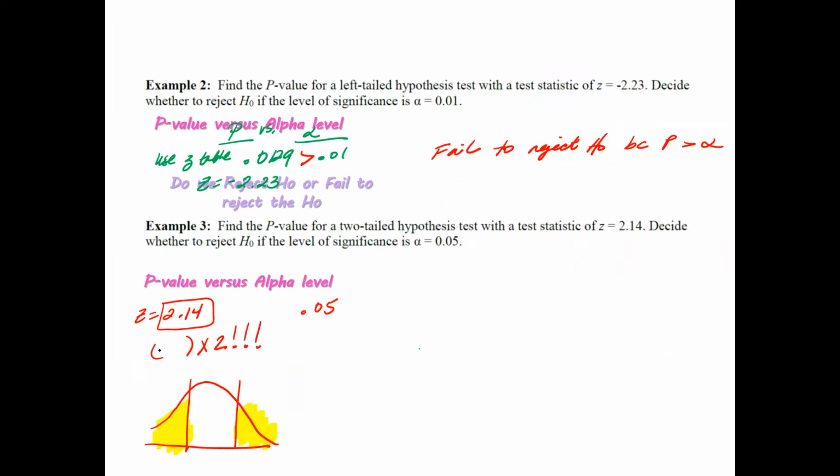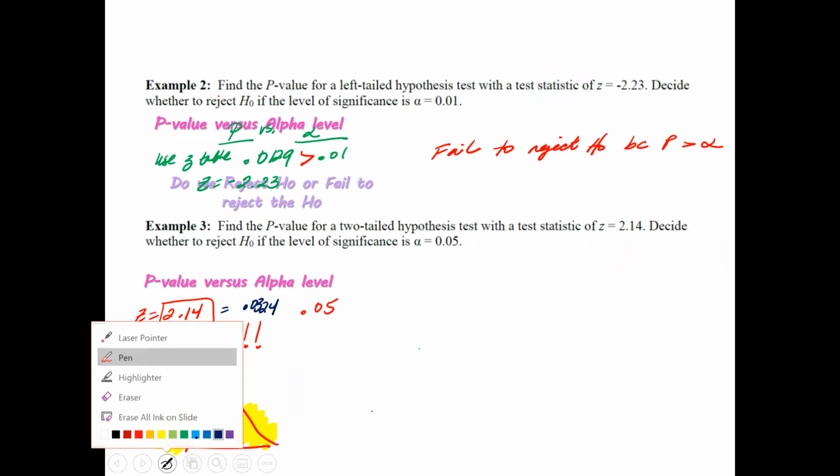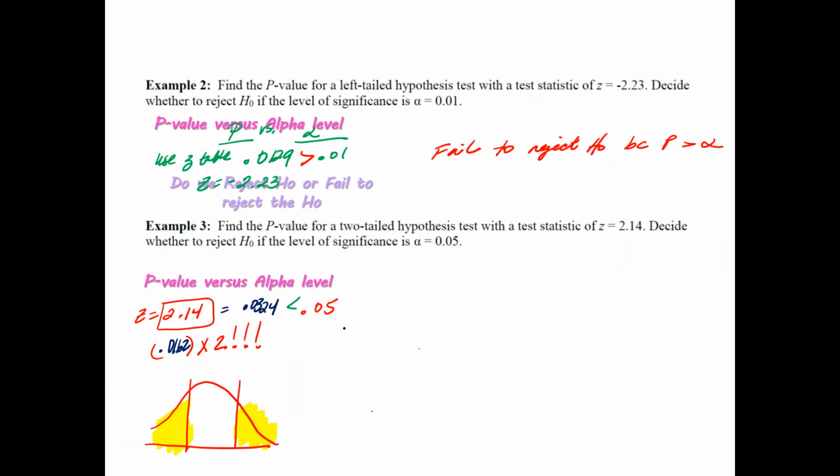So I'm going to take that 0.0162 times 2, which is going to equal 0.0324.